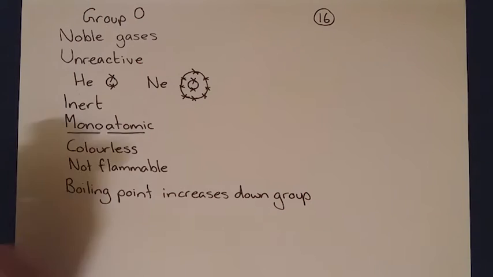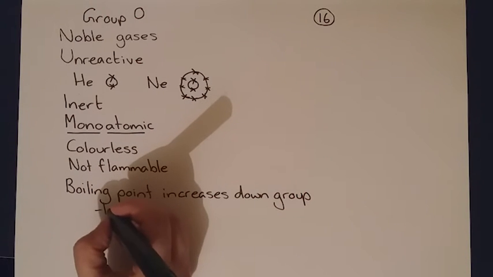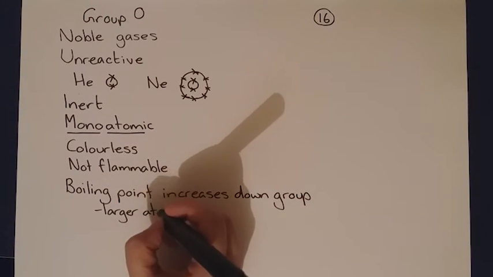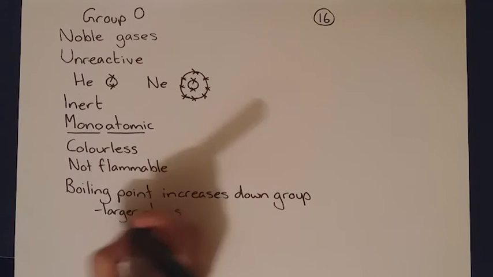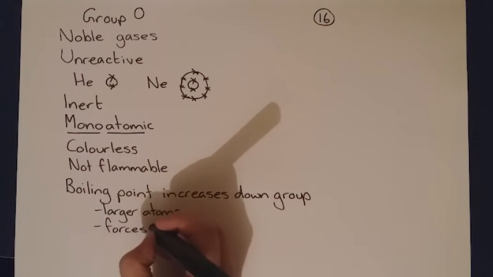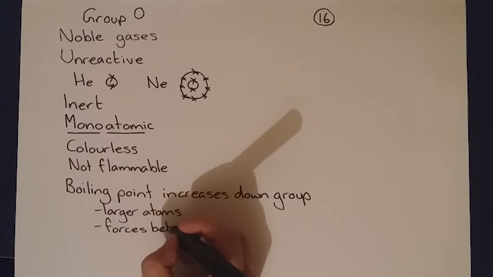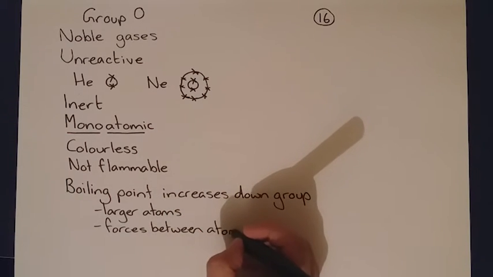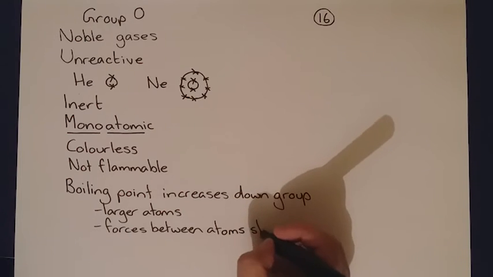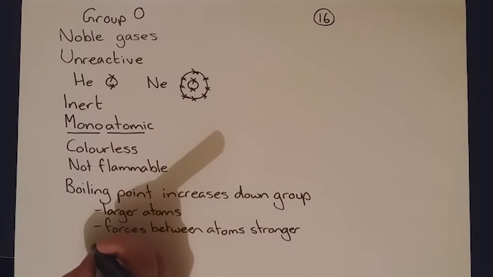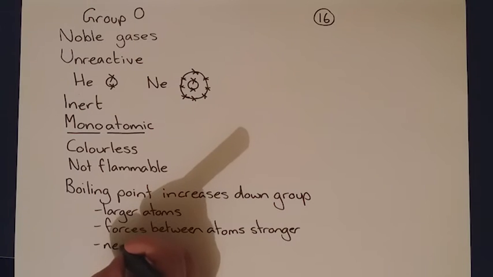The reason for this is because the atoms are getting larger, which means the forces between the atoms are getting stronger, and therefore they need more energy to break them.